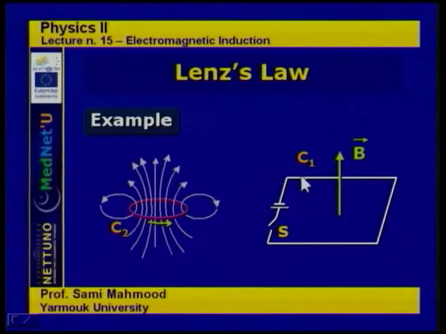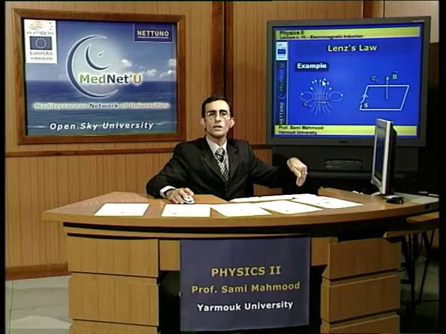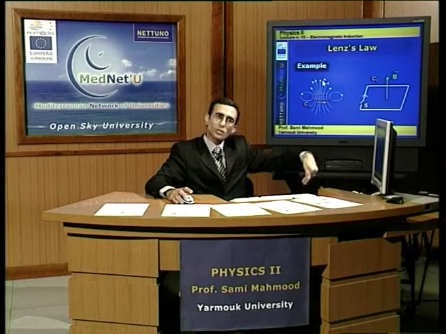The field lines will be like this, crossing the loop. As a consequence of the increase in the flux in this loop, there will be an induced current in the loop that decreases the flux in this direction. That means the flux of the magnetic induction due to the induced current will be upward, opposing the downward magnetic induction that is produced in the loop.